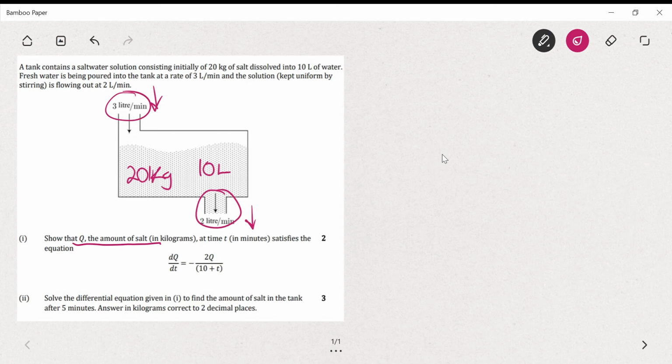So I'm going to say that the rate at which the amount of salt is changing, dQ/dt, is the salt in minus the salt out. Right? The rate at which the salt goes in minus the rate at which the salt goes out.